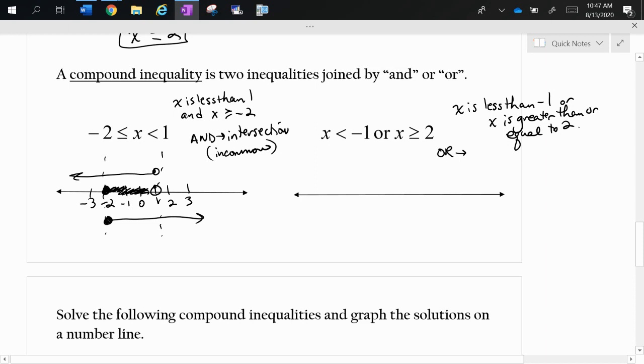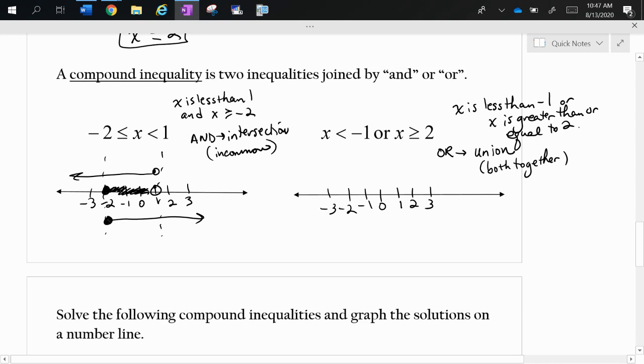And so when we graph an or compound inequality, we graph what's called the union of the two. The union means both together. So we don't have to worry in this case when we're graphing an or whether they intersect or not. We just graph both of them together on the number line. And if they intersect, then great. If they don't intersect, that's okay too.